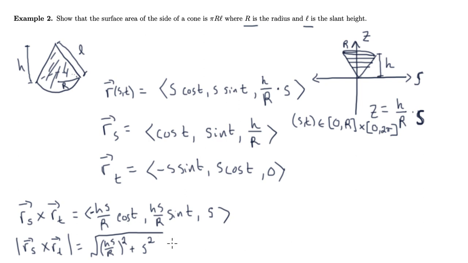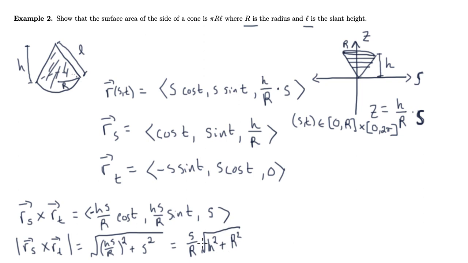So what can we do? Well, I can factor out an s, and I can notice that s is positive, and I can factor out a 1 over r, so I'll be left with s over r, and then square root of h squared plus r squared. So just put that back under the square root, and you'll see you'll get the same thing here.